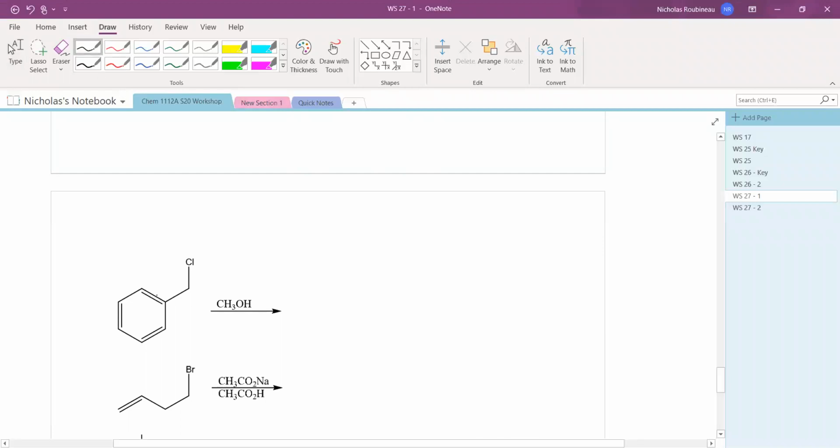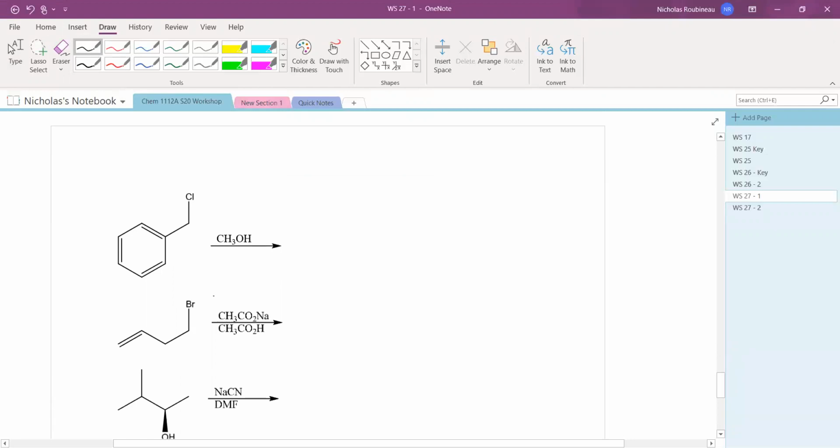So for this first one, what's going to happen? What kind of mechanism are we going to do? So let's go over it. It kind of looks like it would be no reaction at first if you look at the conditions. We have a primary leaving group, and we're using methanol.